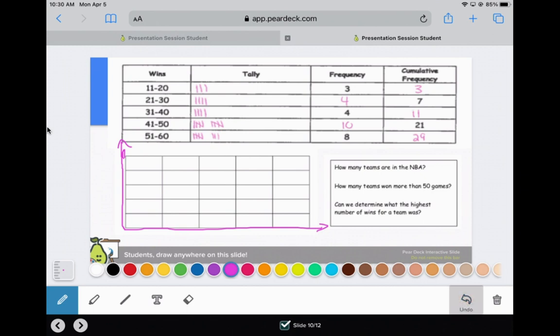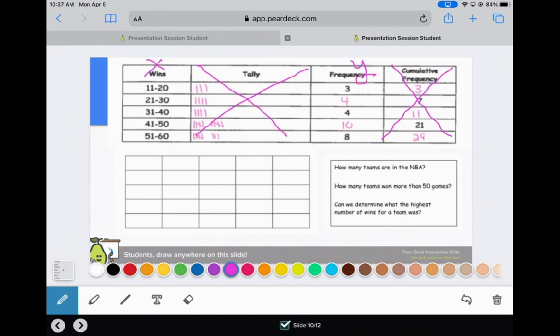So I'll have you do that instead of me. Okay, so go to slide 10. Create a frequency table and use the frequency table. Create the frequency histogram and then answer the questions. So go ahead and go to slide 10, and I'm going to check in on your work.